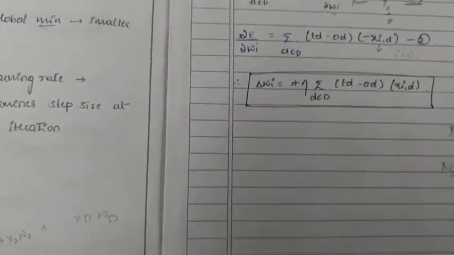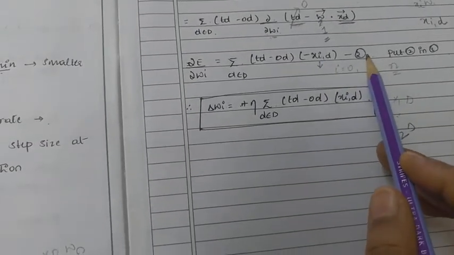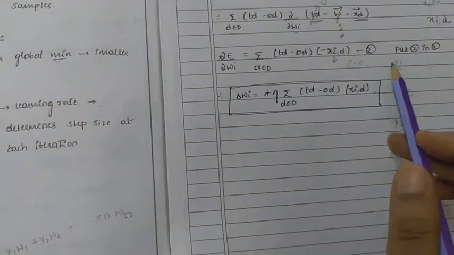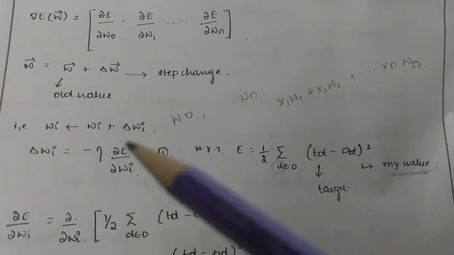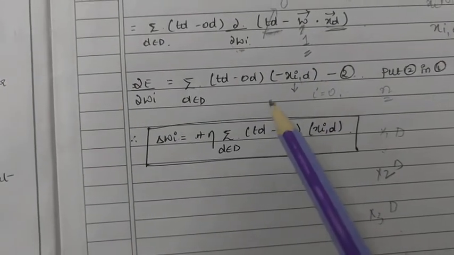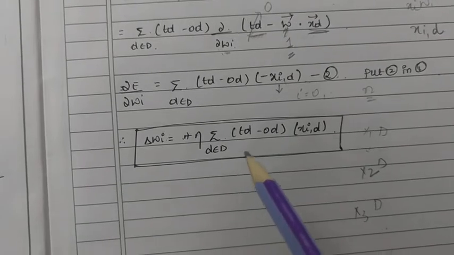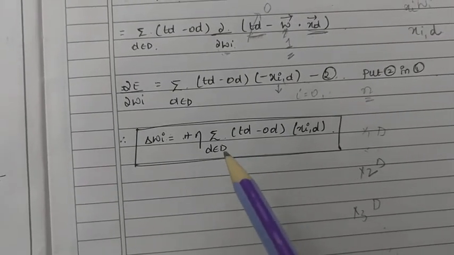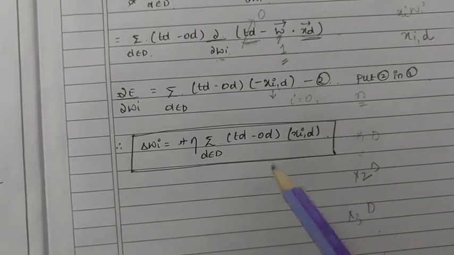Finally, if I number this as equation 2 and substitute it in equation 1, I get Δwi equals, see, minus eta and from minus xi I have minus, so minus into minus is going to be plus. So it is plus eta summation over d, the training example belonging to the complete data set, of (td minus od) xid.